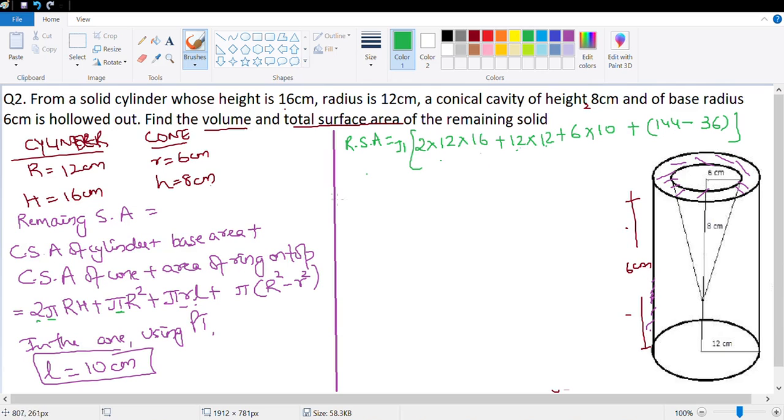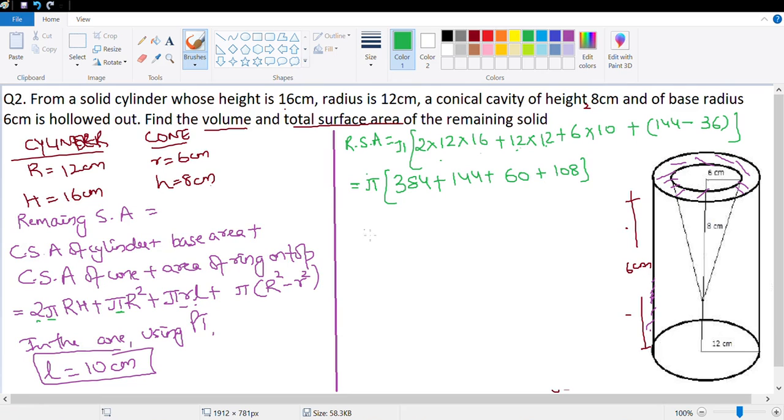So the remaining surface area would be pi times 12 into 16 into 2, that's 24 into 16. 24 into 16 is equal to 384, correct. So that's 384 plus 12 into 12, that's 144, plus 6 into 10, that's 60, and 144 minus 36 is equal to 108.